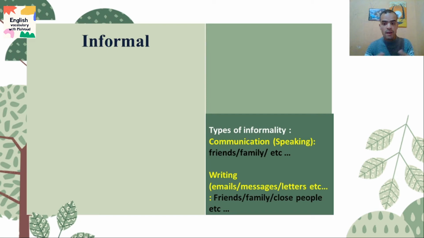Among friends, family and close people, the language used could be informal, and it is acceptable, of course, to use informal language. It's very logical to use only informal language with these categories: friends, family, close people, and so on.